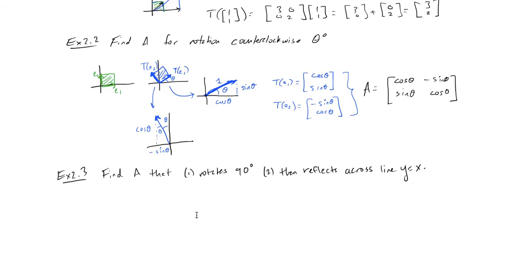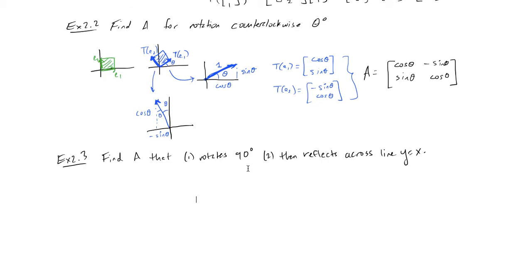I want to find a standard matrix that rotates 90 degrees, and this is going to be counterclockwise. If it's not mentioned, assume it's counterclockwise. And then we're going to reflect across the line y equals x. So let's track what happens when we do these two operations. We have our starting box, a little square here.